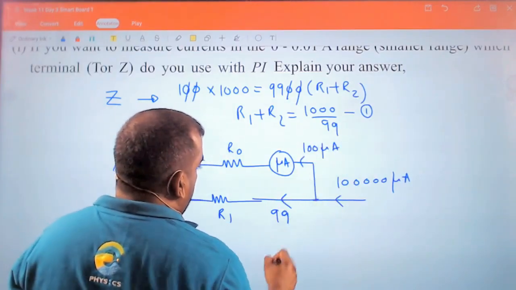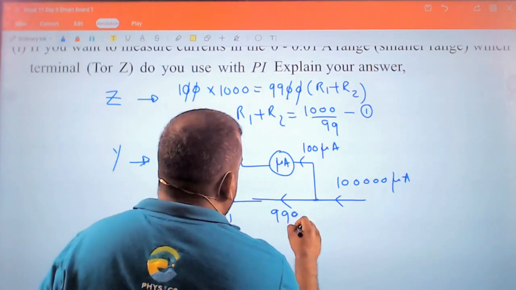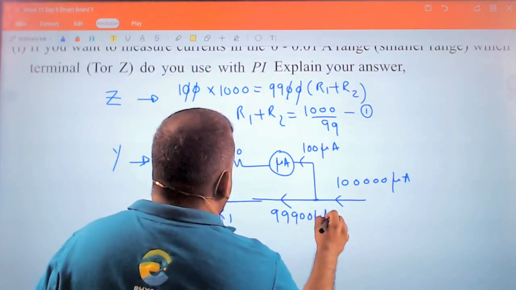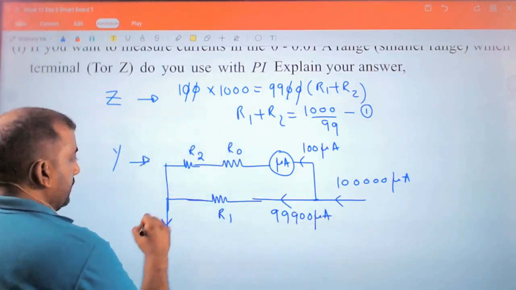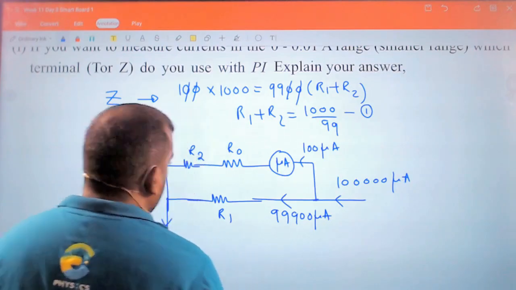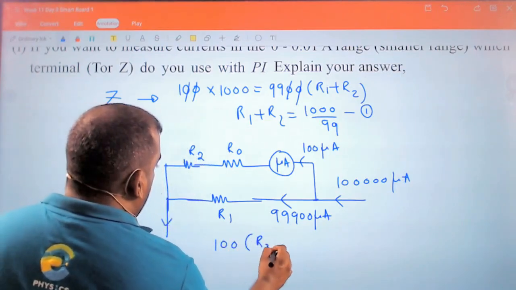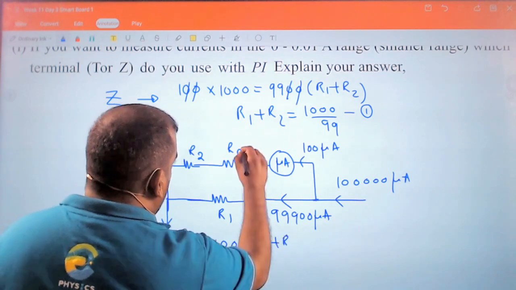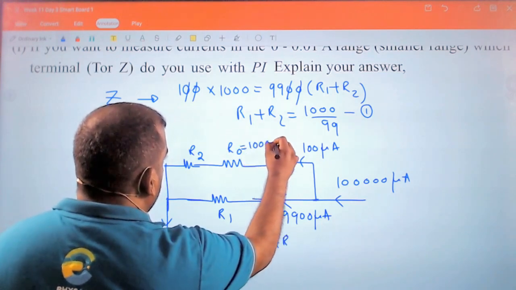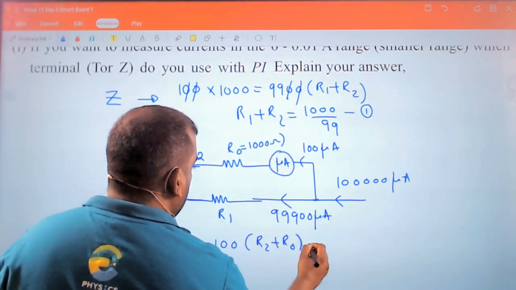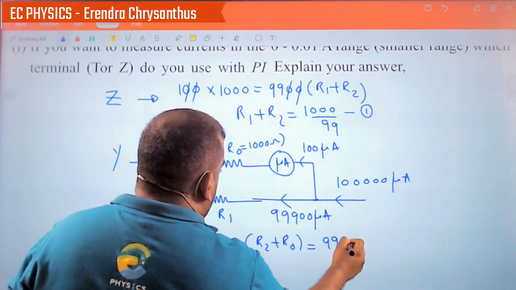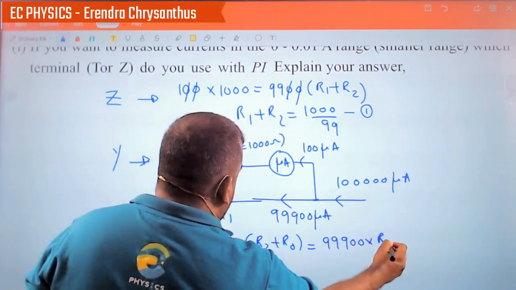Remaining 99,900 microamperes through this. There you go. Parallel circuit: 100 times R2 plus R0. R0 means 1000. 99,900 into R1.